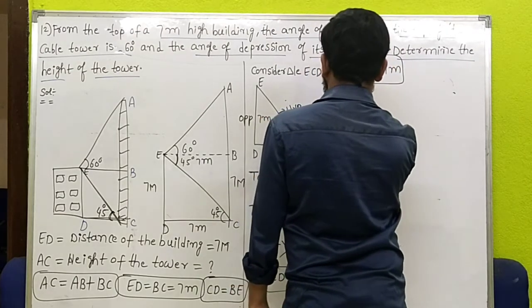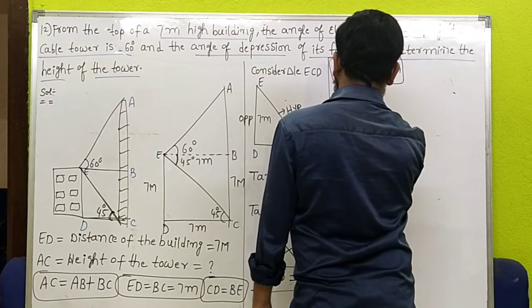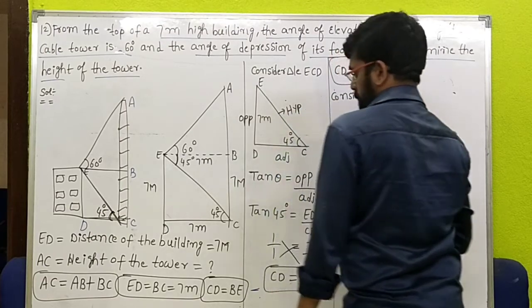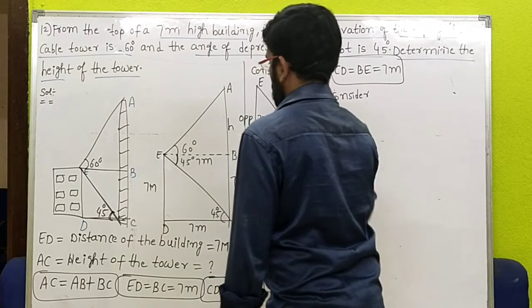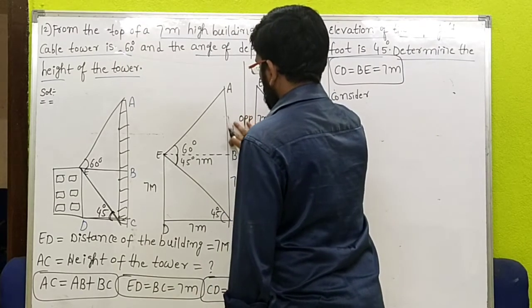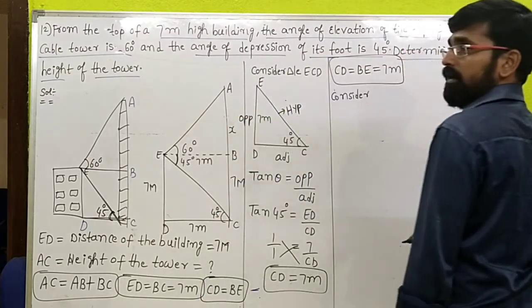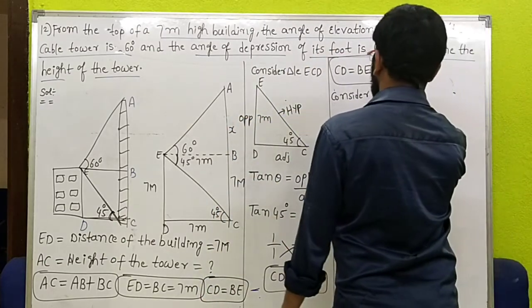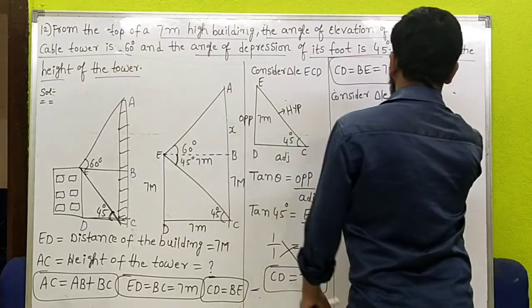Now consider one more triangle. This 7 meters we can take as H, and we take AB as X. Consider triangle AEB.